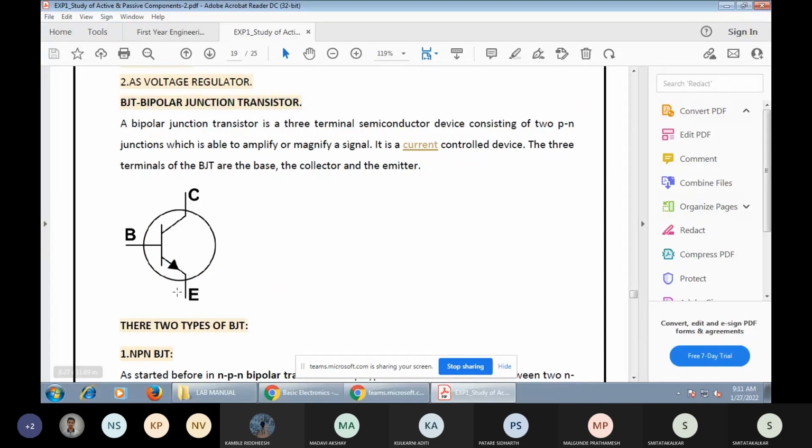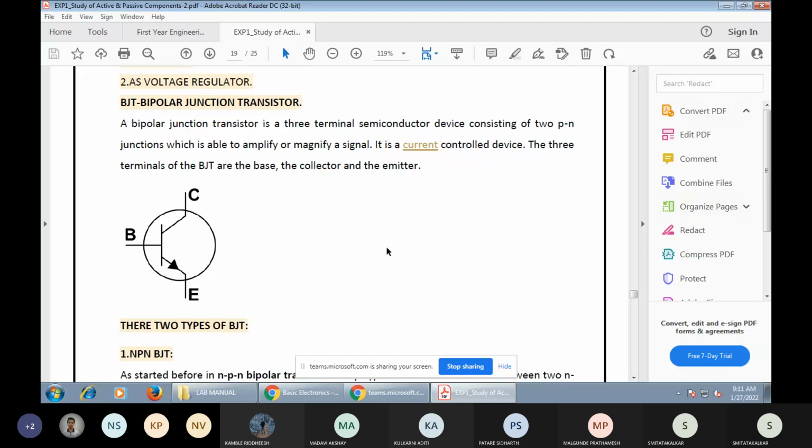Then the next active device is the BJT, bipolar junction transistor. This is a three-terminal device with base, collector and emitter. The arrow pointing downward through the emitter means an NPN transistor, and the arrow pointing upward through the emitter means a PNP transistor.